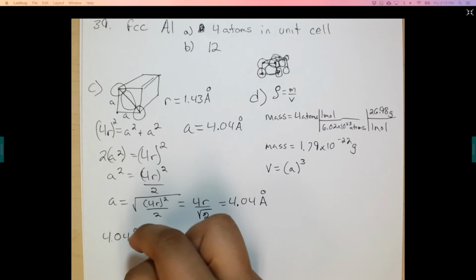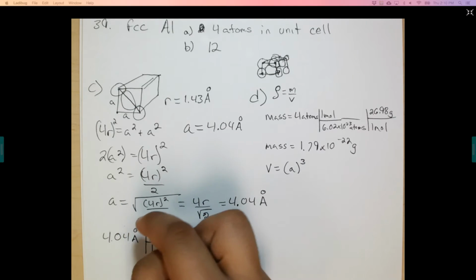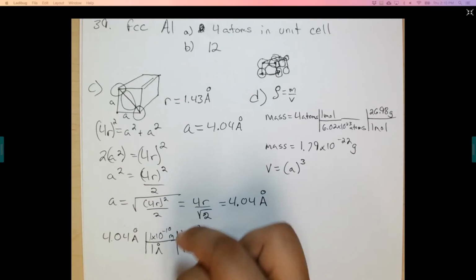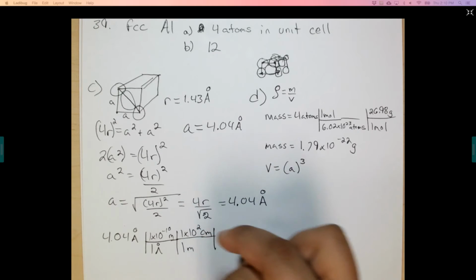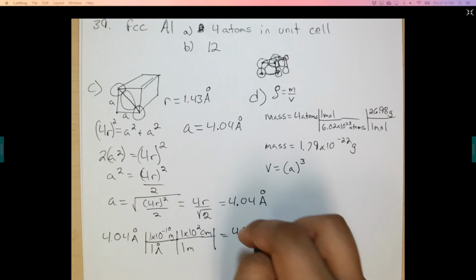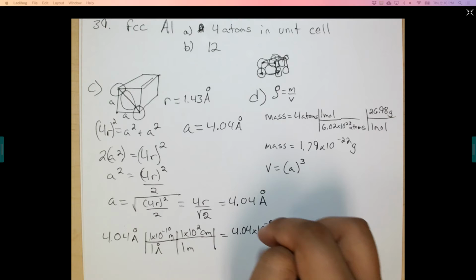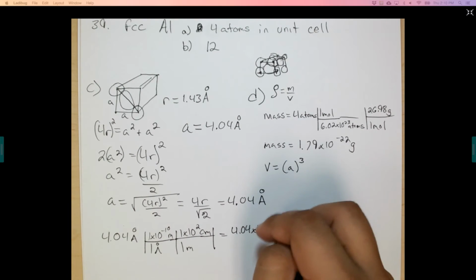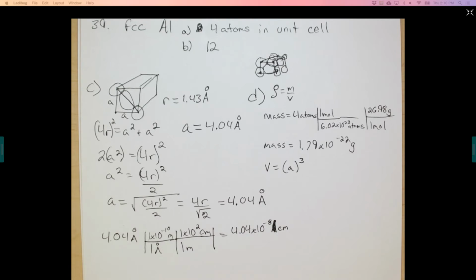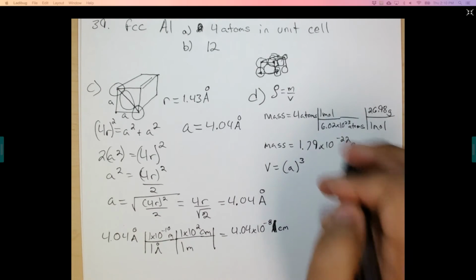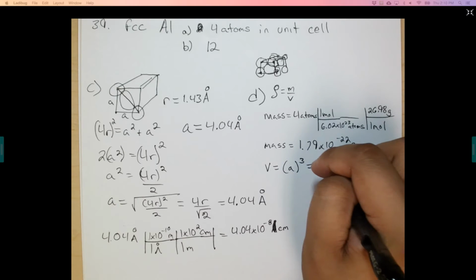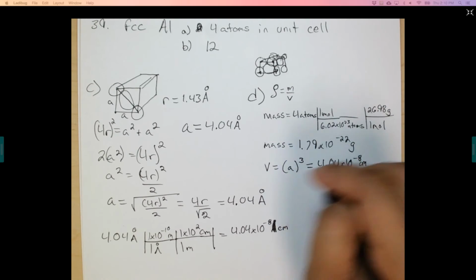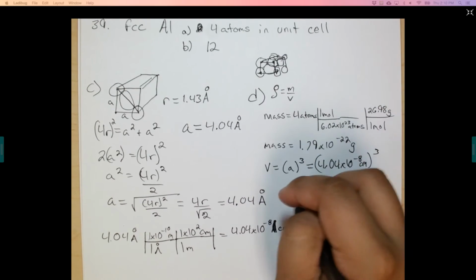Remember that 1 angstrom is 1 times 10 to the negative 10 meters, and then 1 meter is 1 times 10 to the positive 2 centimeters, and then we end up with 4.04 angstroms being 4.04 times 10 to the negative 8 centimeters. So we can use this value here, 4.04 times 10 to the negative 8 centimeters, cubed, for the volume.